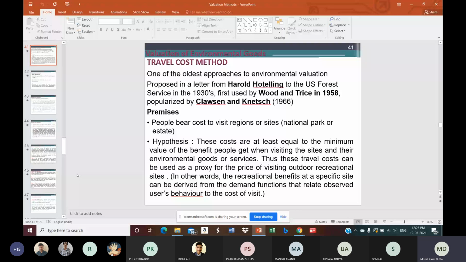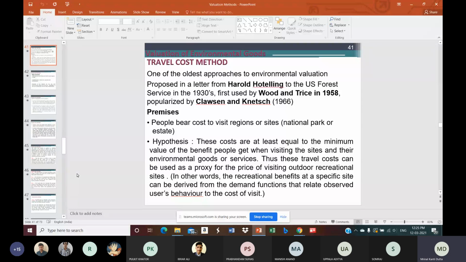So if we take into account the travel cost of different people visiting a particular recreational site, we can say that if people are spending money, if people are incurring cost in the name of traveling to a particular place, then obviously that might be analogous to estimation of people's willingness to pay for a marketed good, because it's a kind of recreational site, so people spend money.